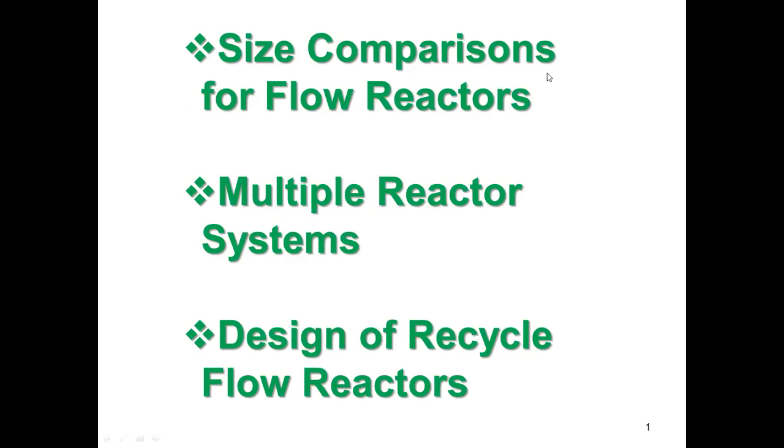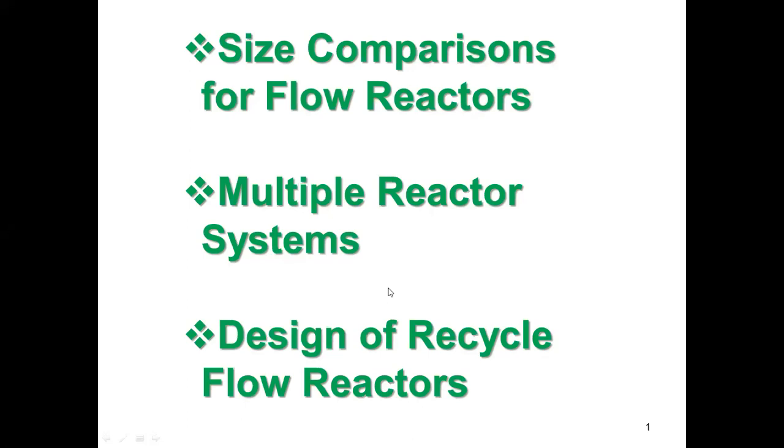We'll be simply comparing the CSTR and the PFR. Then after comparing the sizes of reactors and their conversions, we'll be talking about multiple reactor systems. Here we may be talking about similar reactors in your system, so we can have all CSTRs, or we can have a combined multiple reactor system like a CSTR and a PFR, or a CSTR, then a PFR, and another CSTR in the end.